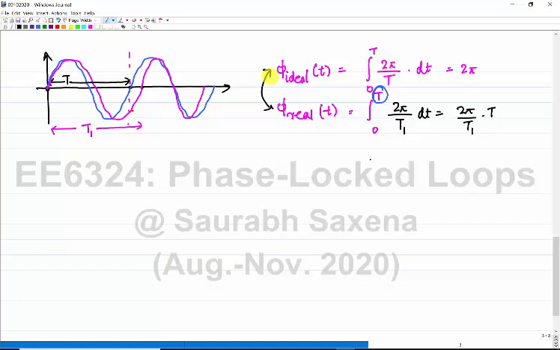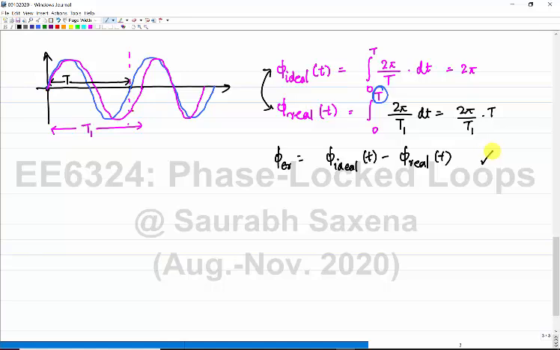This difference can be evaluated as the phase error, which is phi ideal of t minus phi real of t.